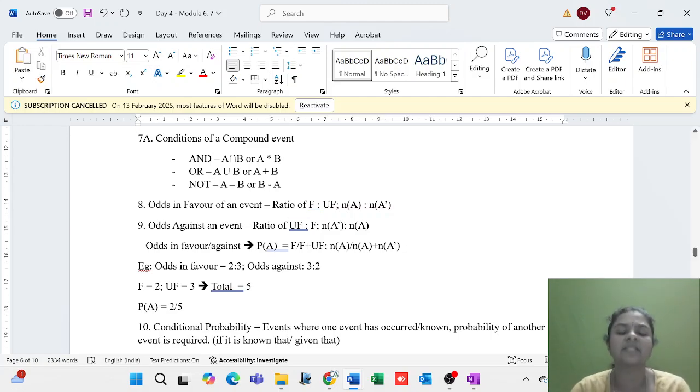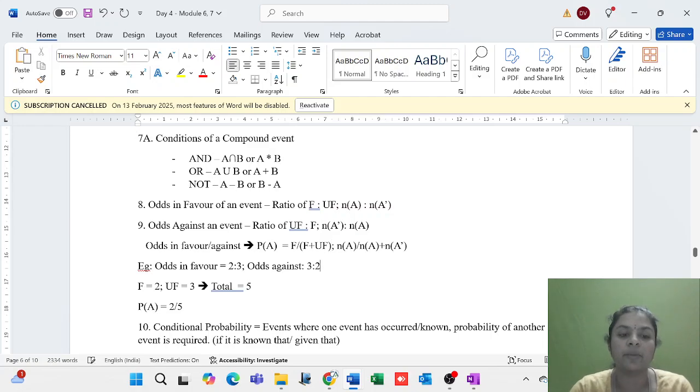Now, odds against an event is the opposite of it, where the ratio is given as unfavorable is to favorable outcome. And the formula to find the probability given the odds in favor or against is the favorable outcome value divided by the total of favorable plus unfavorable.